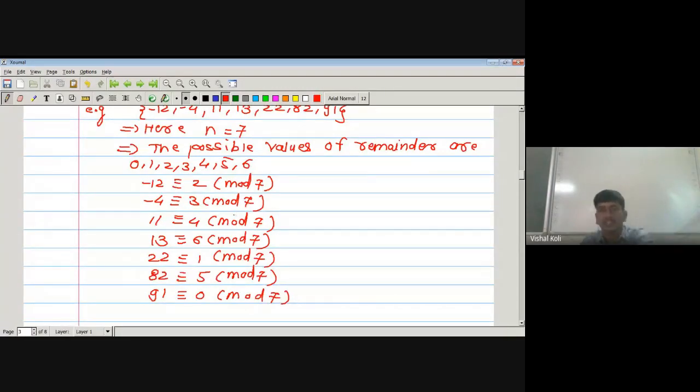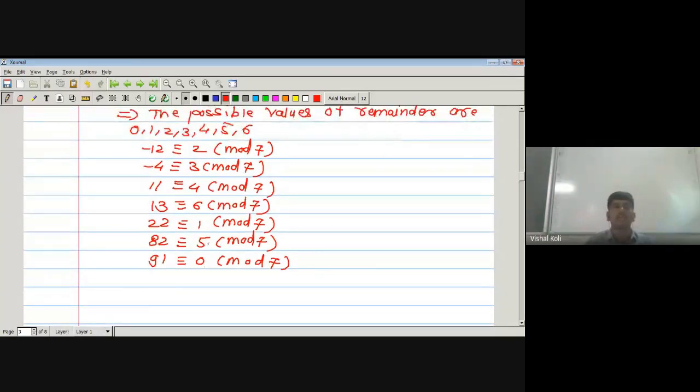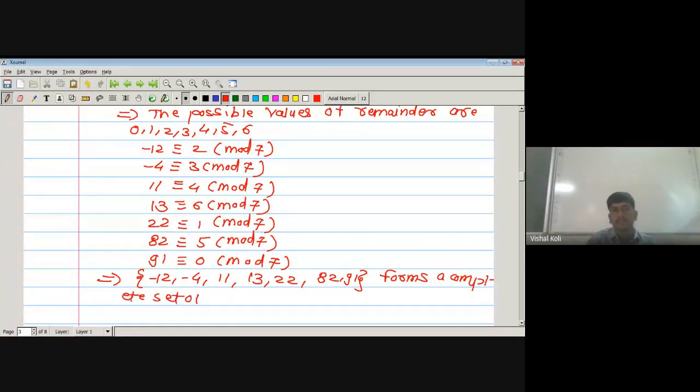Therefore, from the definition of complete set of residues modulo n, the set which contains the elements -12, -4, 11, 13, 22, 82, and 91 forms a complete set of residues modulo 7.